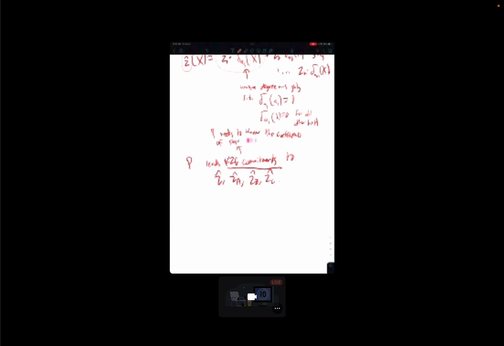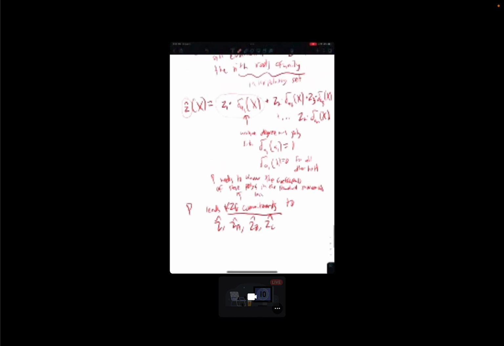And the prover does not know those coefficients at the start. It only knows the coefficients in what I call the Lagrange basis. So z1, z2 up to zn are the coefficients of z hat in the Lagrange basis, where this is the first Lagrange basis polynomial and this is the nth.